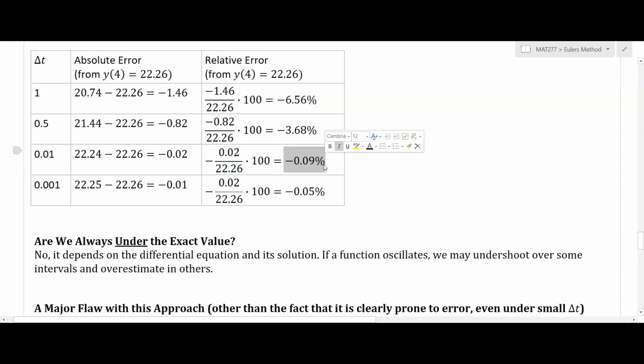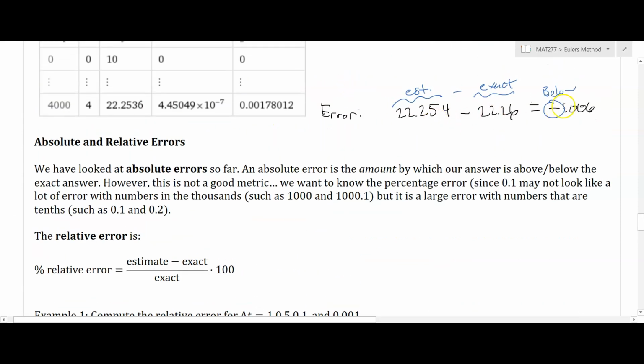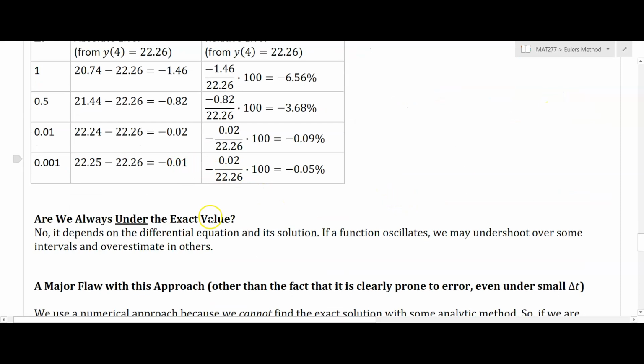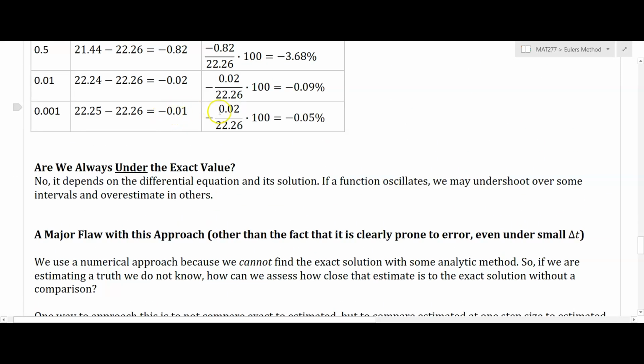You can see we're really getting super close to that exact solution. And now with the step size of 0.001, we calculated the absolute error as negative 0.006, which if you rounded to the hundredths place is negative 0.01. Divide that by 22.26 and multiply by 100, you get negative 0.05%.